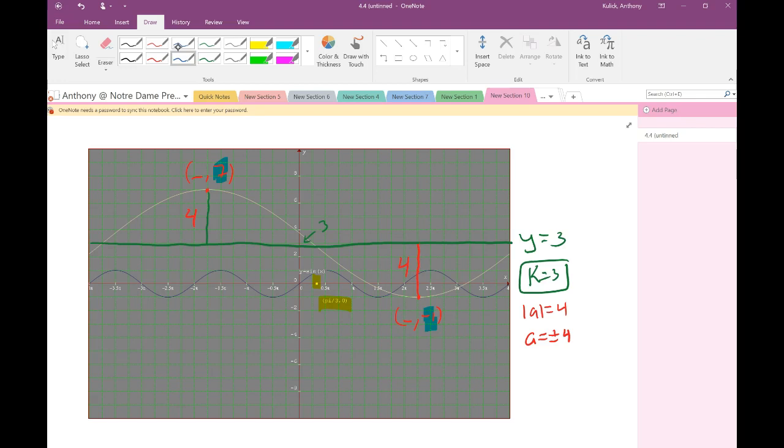So, unfortunately, I don't have the full period of the graph here, but if I look carefully, it looks like if I start here, I'm going to end up basically at the same spot that I started, right?